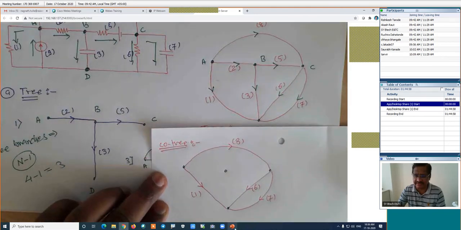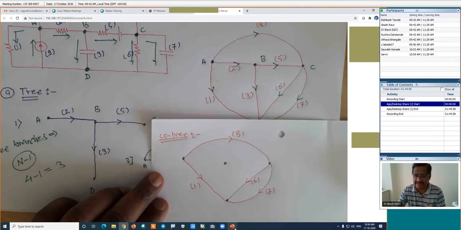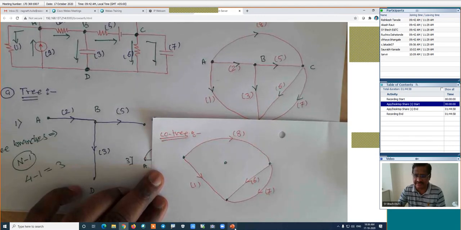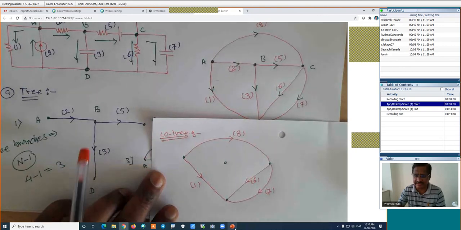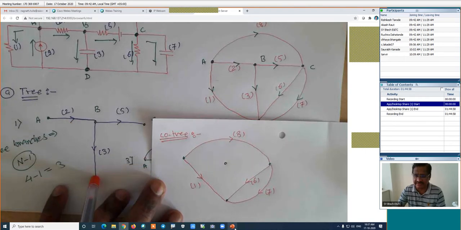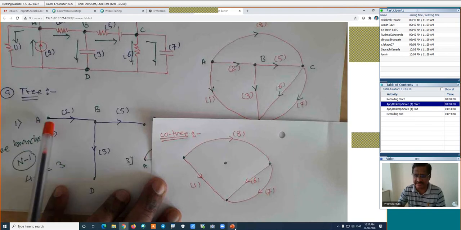Because finding the solution for the problem using network topology depends on 2 basic concepts. You must be clear with the concept of the tree and cotree. A tree is the set of branches which, together with the nodes, connects each node to another node directly or indirectly without forming a loop.